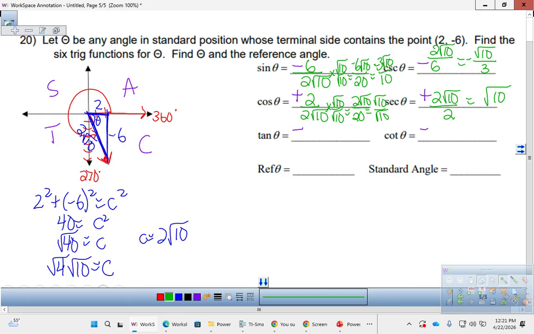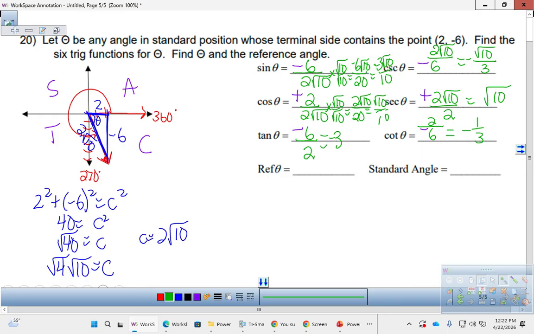Sorry, root 10 over 10, not root 10. And then the tangent is opposite, which is -6, which is where the negative's coming from, over adjacent, which is 2. And then the flip side of that would be 2 over -6. That's where the minus is coming from. I can simplify these both. So -3 and -1/3.